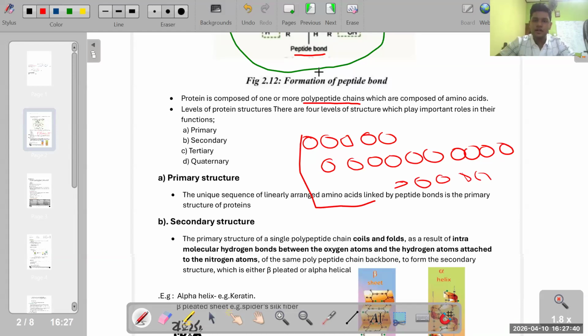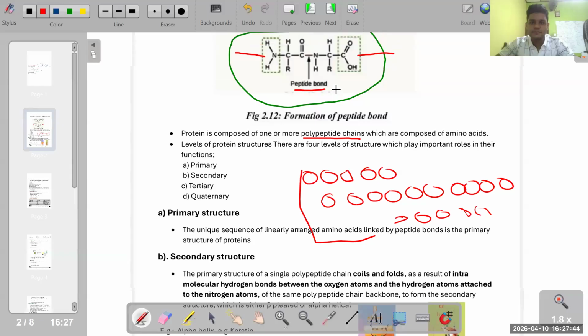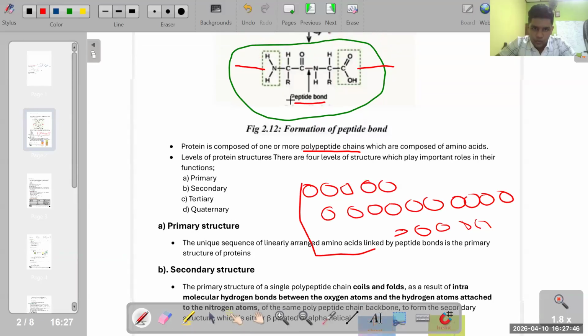Why have they used the word polypeptide? If you ask me why it is called polypeptide, it is because between two amino acids, one peptide bond is present. Between three, two peptide bonds. So multiple amino acids means there will be multiple peptide bonds. So as multiple peptide bonds are formed, we say that it is a polypeptide chain. Is that clear?